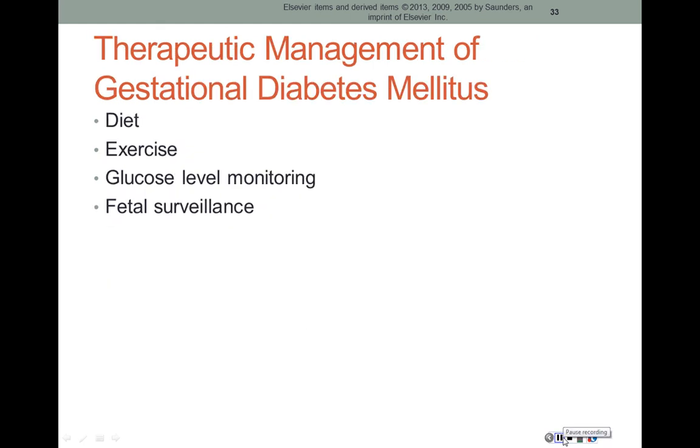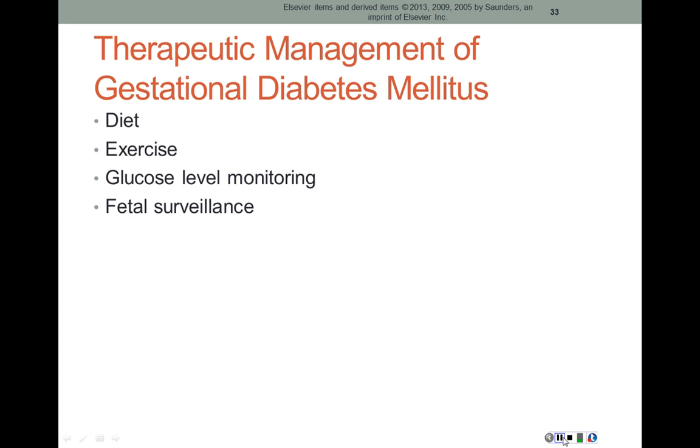So what can we do? Well, the first thing that's going to have to happen is mom's going to have to eat a healthy diet. And eating the right kind of foods in the right portions is the best way to control blood sugar and also to prevent too much weight gain. So, a healthy diet is going to be fruits, vegetables, whole grains, foods that are high in nutrition and fiber and low in fat and calories.